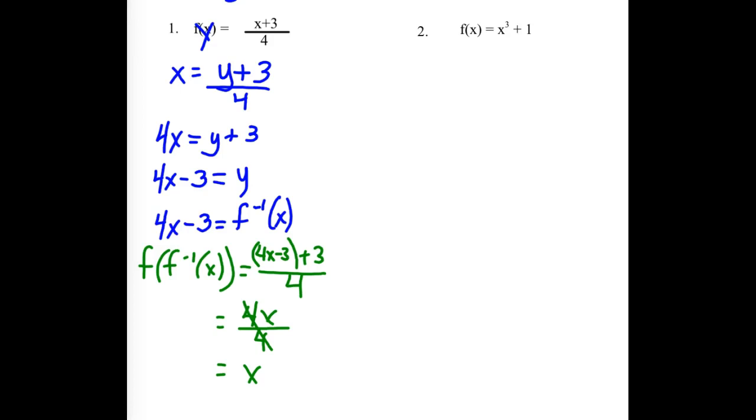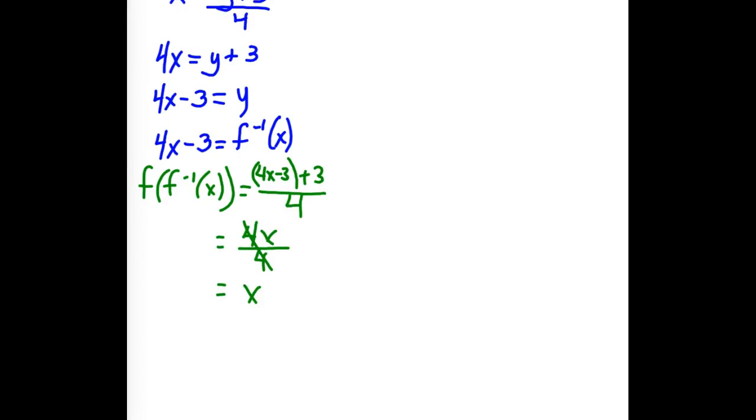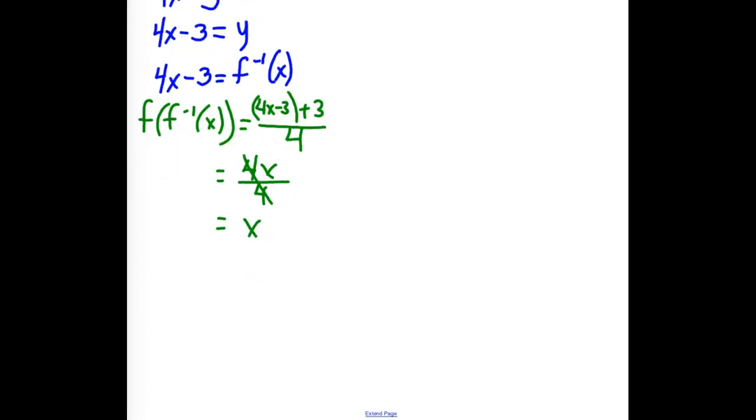Okay? Now we have to do the reverse composition. So let's do the inverse now with the original. So starting with our inverse function, 4 times something minus 3. And what am I dumping into it? All right, that original function, which was x plus 3 divided by 4.